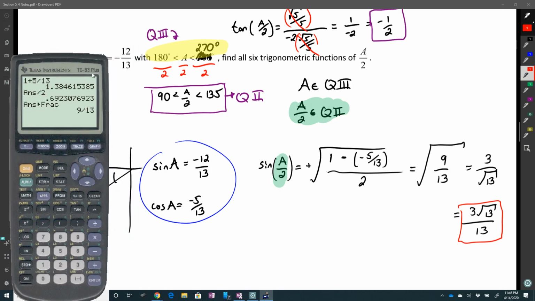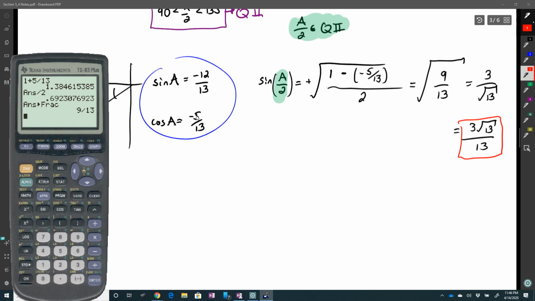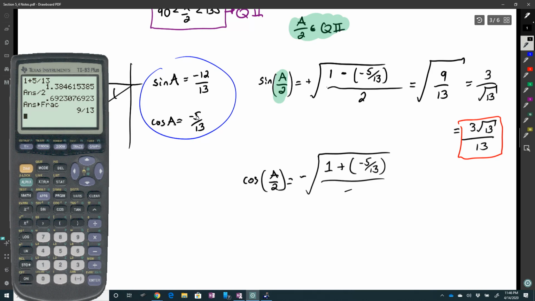Now we go to cosine of A over 2. In cosine, we're in quadrant 2, so that's going to be negative. And it's the same formula, except that instead of a minus, it's a plus. So if you go to your calculator, you can type in 1 minus 5 over 13, divided by 2, and then math 1 that.